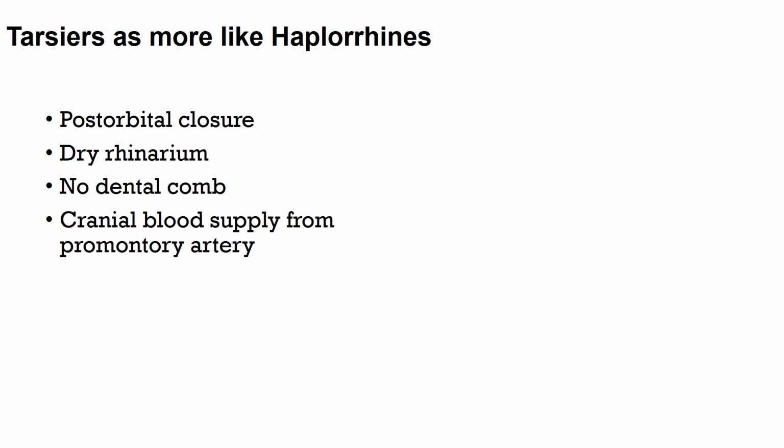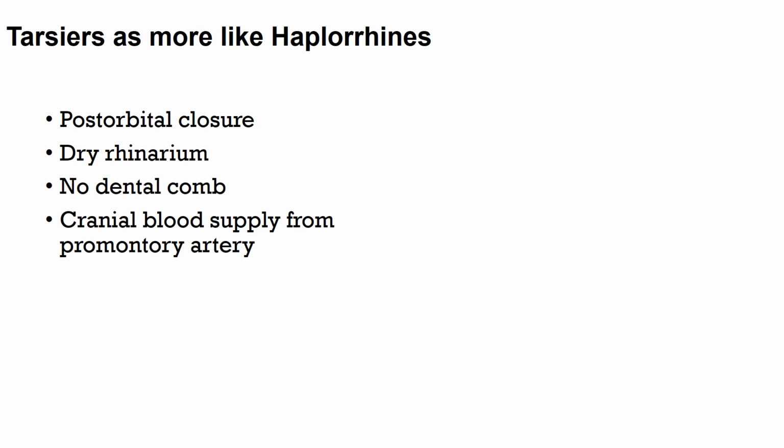The nose is smaller, shorter, closer to the eyes, more similar to haplorhines. And they don't have a dental comb, so we do not see any evidence of a dental comb in their dentition. Their dentition is actually quite different from both what we've seen in strepsirrhines and what we've seen in haplorhines. They're the only ones that are strictly insectivores of the groups that we've looked at.